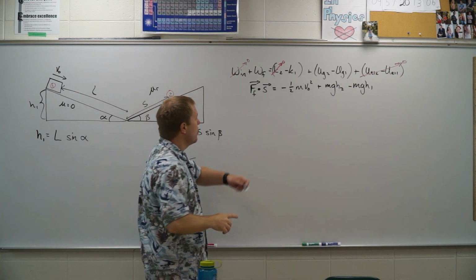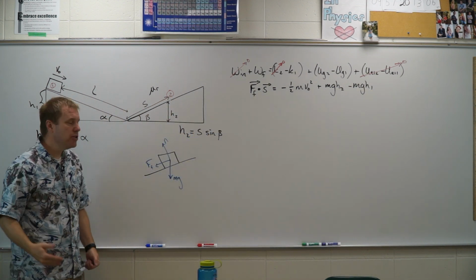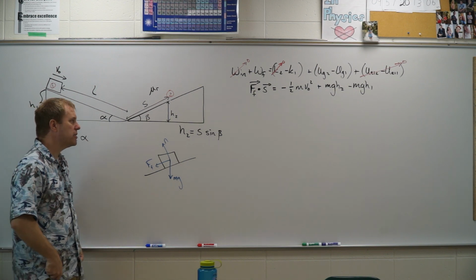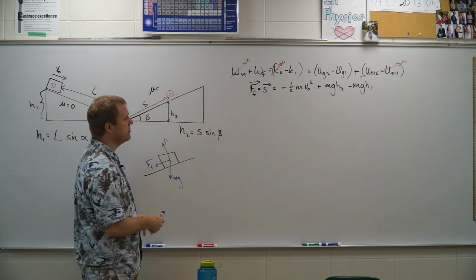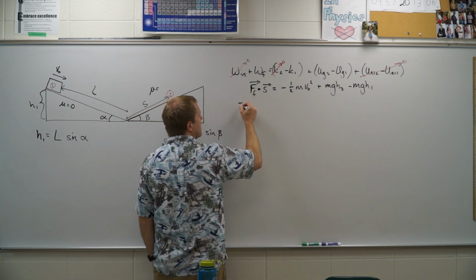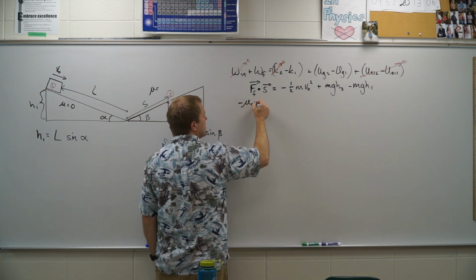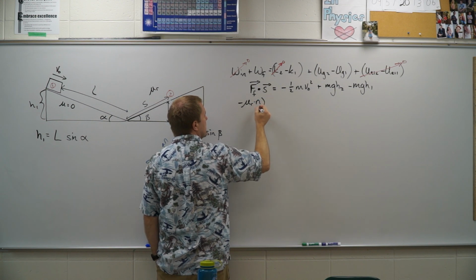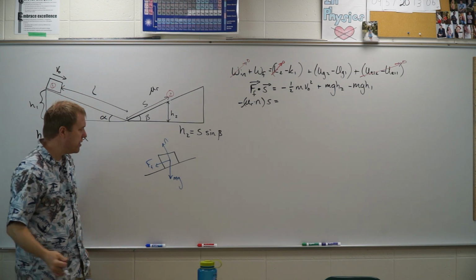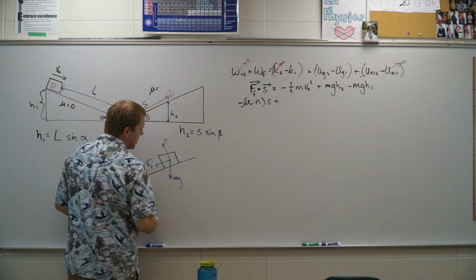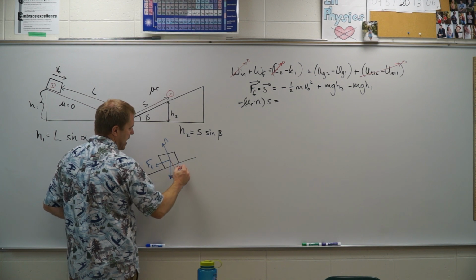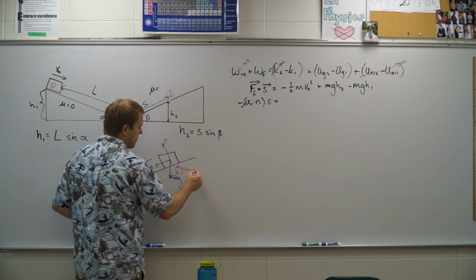All right. So for that force of friction, we do need to start making our substitutions. This is a kinetic type friction, so it's a constant rolling friction value for us here. So this is going to be negative mu sub r times the normal force times S. I do have to solve for that normal force, so I will come down here and resolve mg into components. So I have an mg cosine of theta.